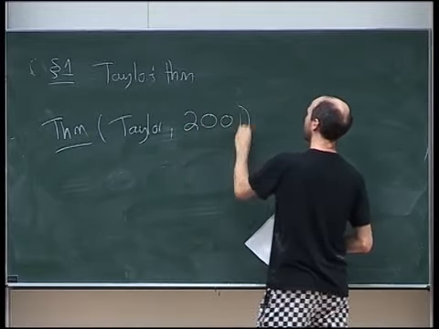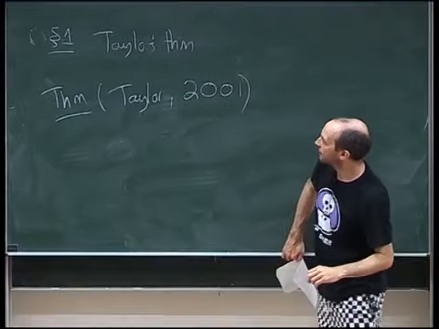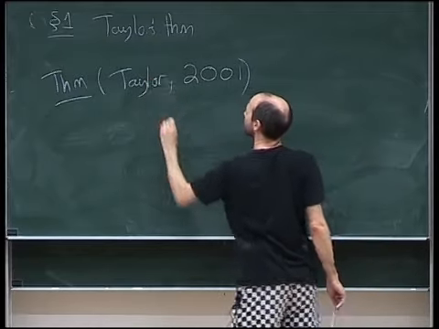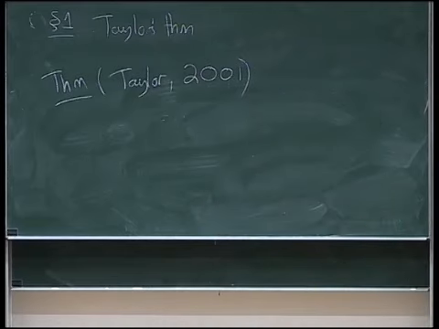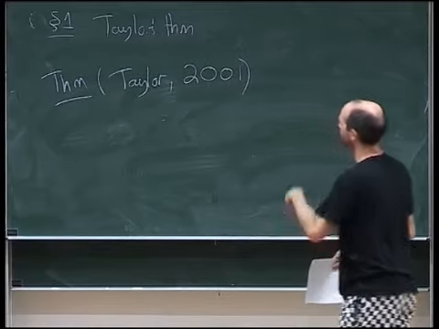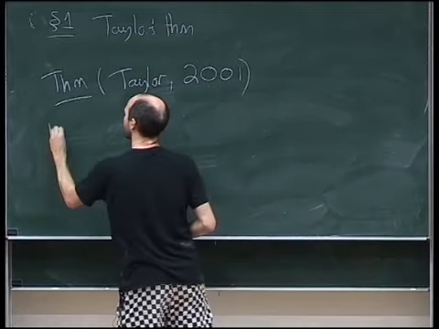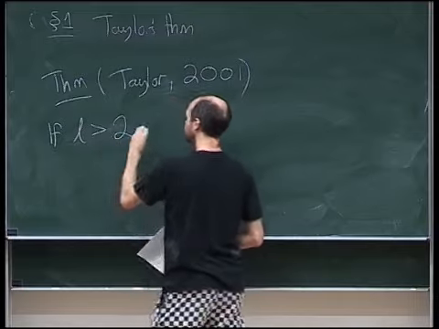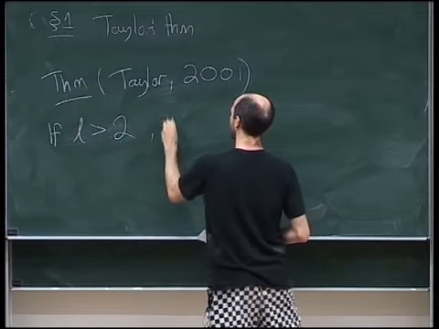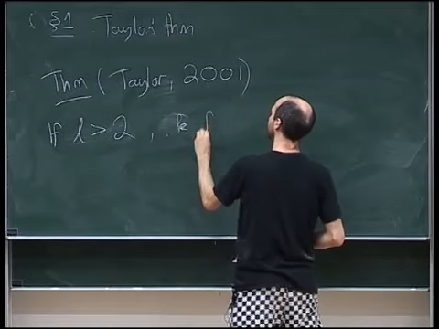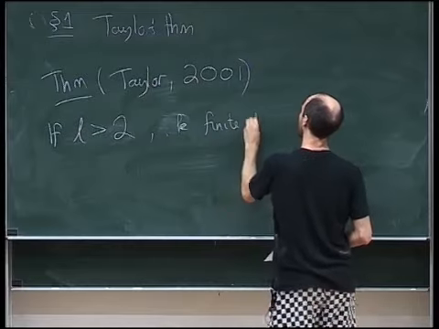I'm not going to write down what he writes in the paper, because when I was trying to read it, I found I couldn't understand the proof. Let's put it that way. But I'll write down something simpler for which I do understand the proof. So if L is bigger than 2, and K is a finite field of characteristic L.